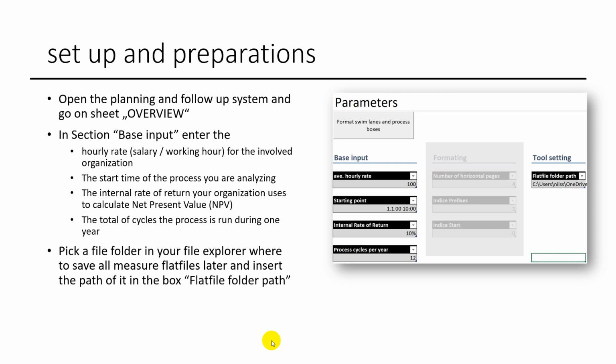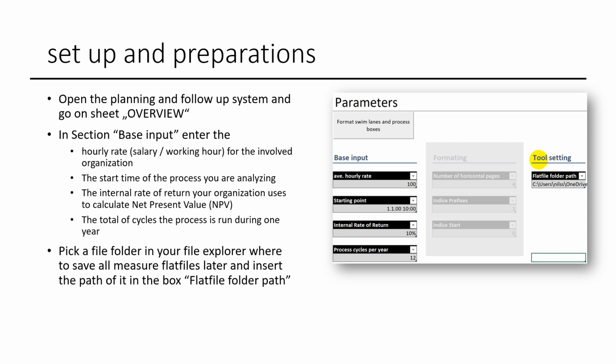Setup and preparations. For the tool to work correctly, several base information and tool settings are required to be adjusted before starting the reporting process. Let's start with the tool setting. The tool setting requires a flat file folder path. This is the folder where you will store all the measure flat files that need to be uploaded into the consolidation system.